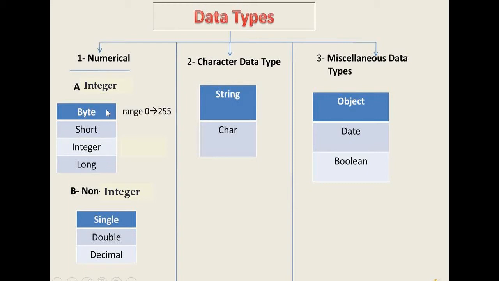Once again, these are the data types that the form provides to the user to enter inside each object, like a text box. The byte here has a range that starts from 0 to 255. This is the only valid value that should be entered inside the object.